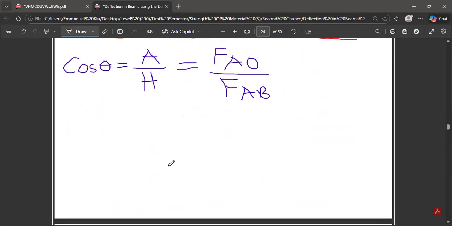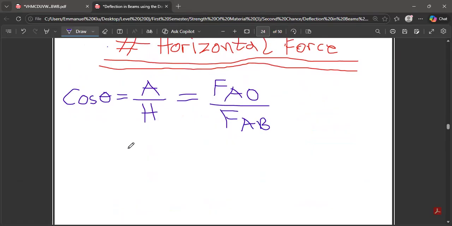Finally, let's quickly rewrite this again and see what we can produce. So our cos theta in this case can be said to be equal to FAO all over FAB.